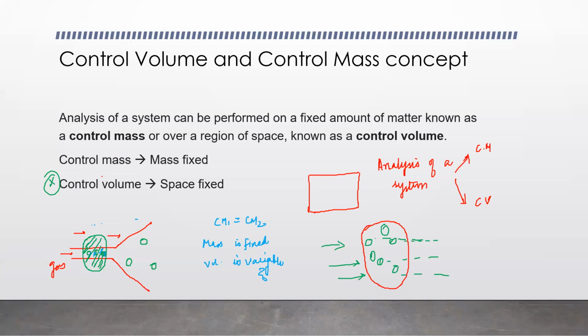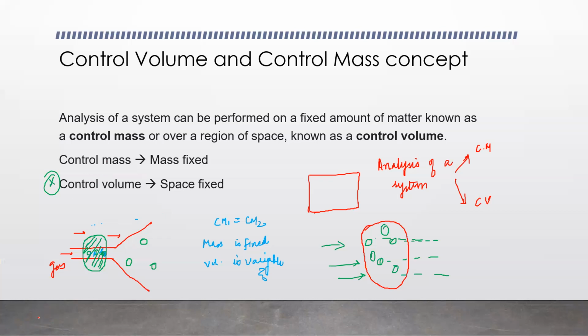The reason is that at steady state all the flow becomes uniform. If 4 molecules are coming in, then 4 molecules will come in at every point of time. Therefore, it approximately gets reduced to a control mass approach. Both become the same.